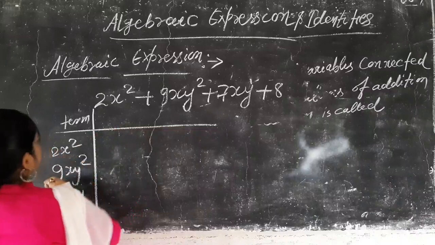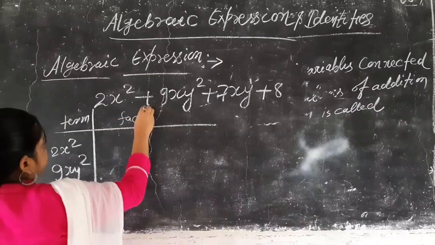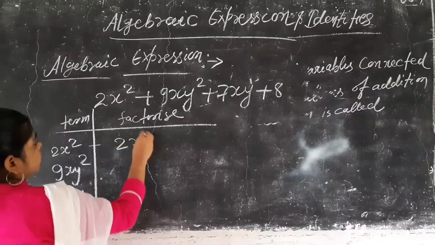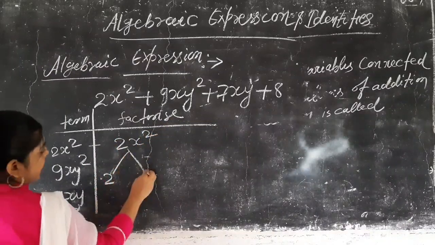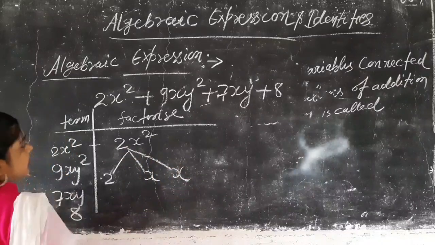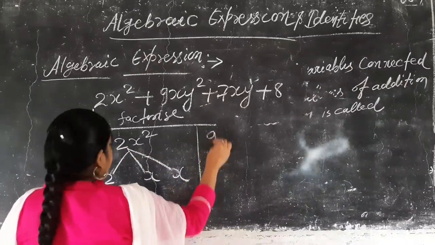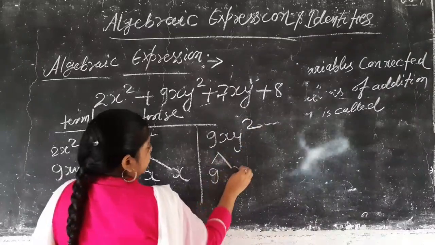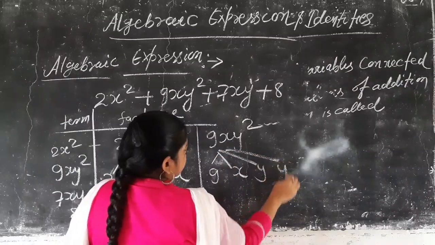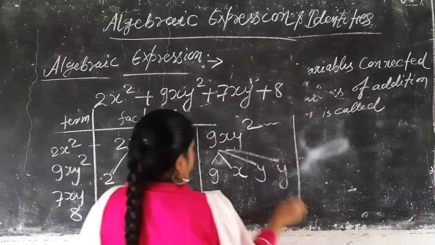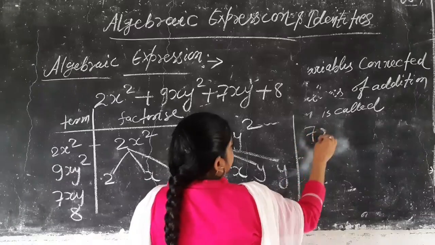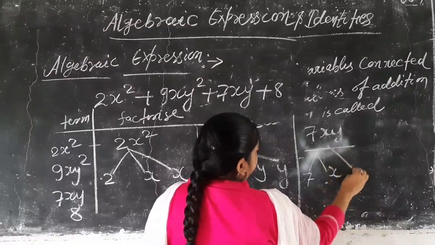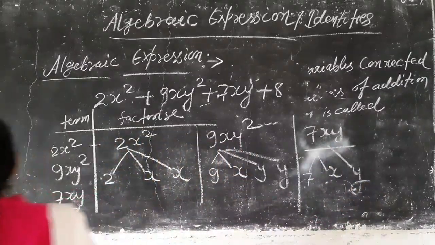How can we factorize the terms? 2x square has the factors 2, x and x. The second term, 9xy square, has the factors 9, x, y and y. These are the factors of these terms. 7xy has the factors 7, x and y. And 8 is a constant.